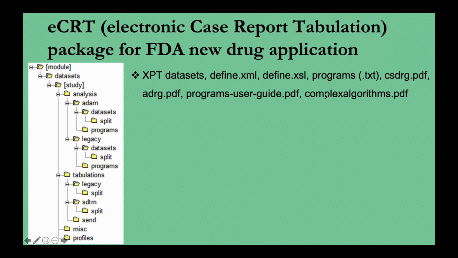And the last one, the complex algorithm, will only be needed and put in the datasets folder here. So that's for the CDISC compliant study. For any datasets that are not compliant, you will put those under the similar structure for the legacy folder.